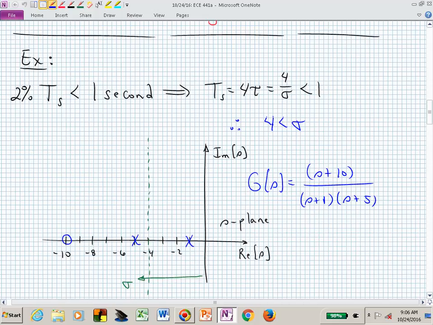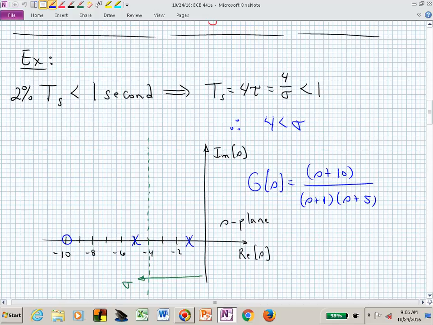We can see in the open loop that one of our poles isn't in that region. The -1 pole is much slower than the -5 pole in terms of settling time.